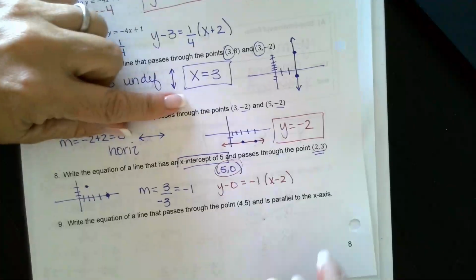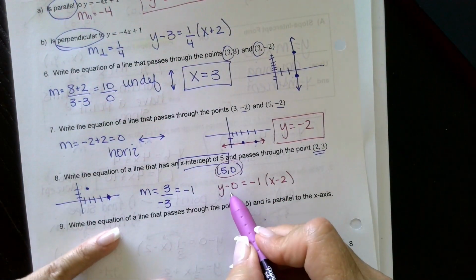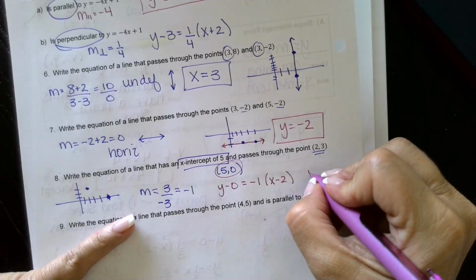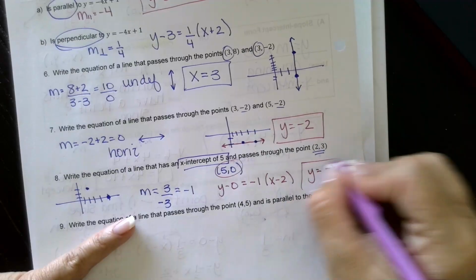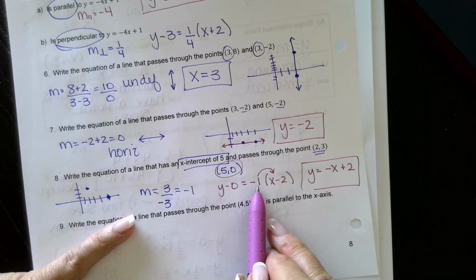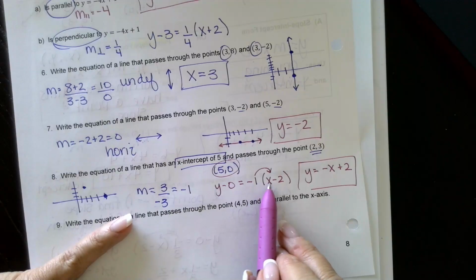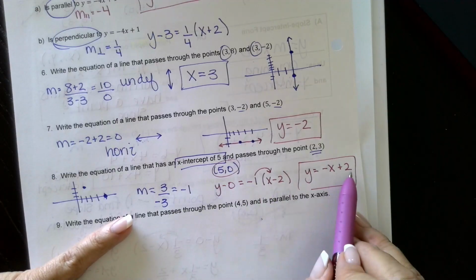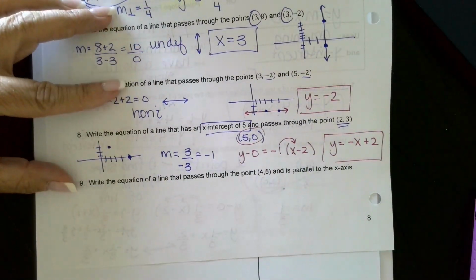Now, I'm going to simplify this out because I don't like this -1 right here, and I want to get rid of the 0. So what this is going to look like is y equals -x plus 2. When I distribute this -x here, I don't say -1x. The -1 is going to drop out. So it's going to be -x, and then negative times negative is +2. Okay? All right, last one.